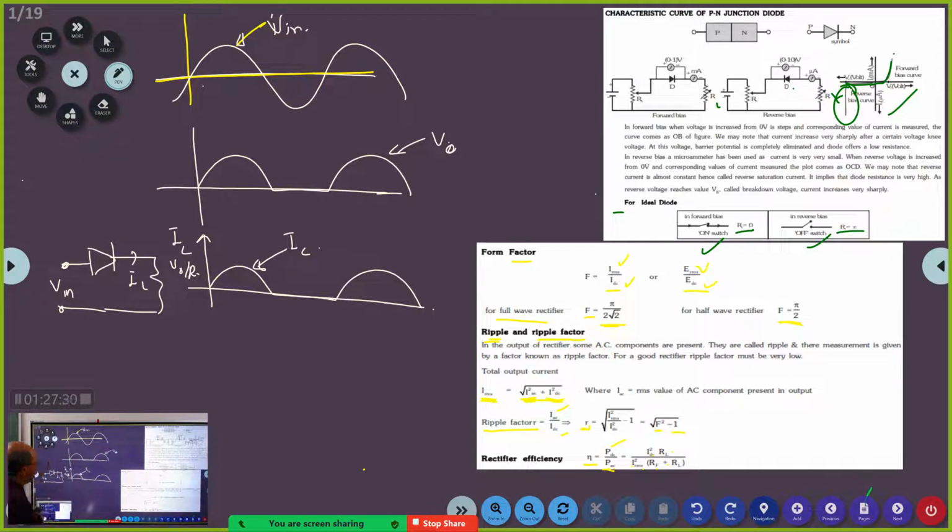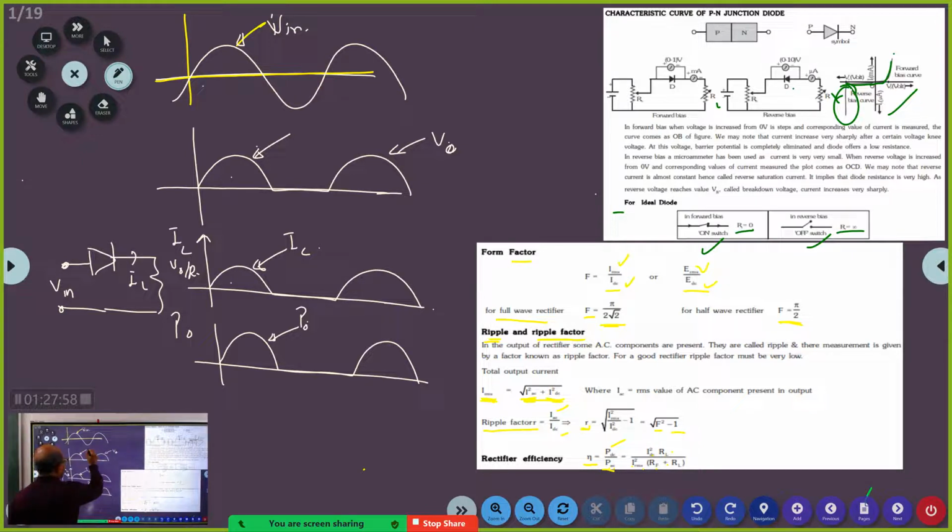Very good. Now, what is the output power waveform? This into this. Understand one by one. Now, I am going to write this waveform as two components: one is the DC component and one is the AC component.